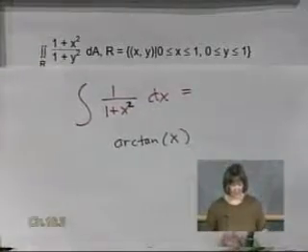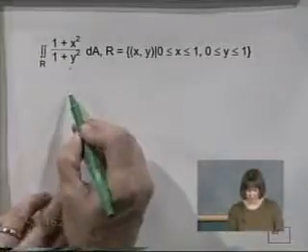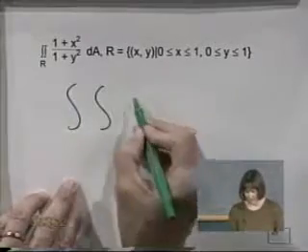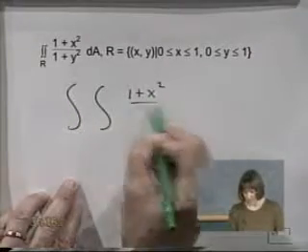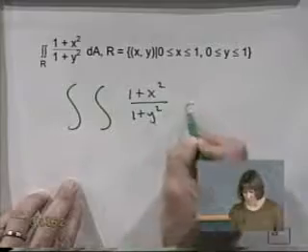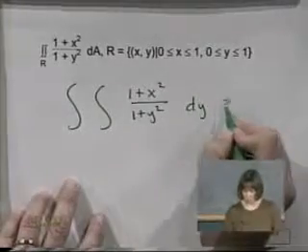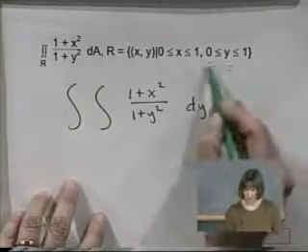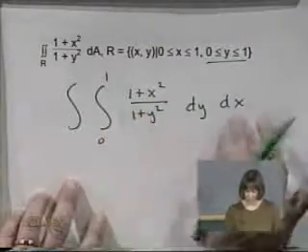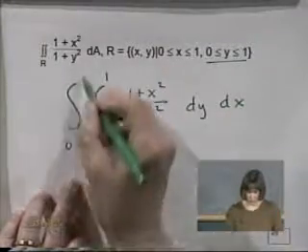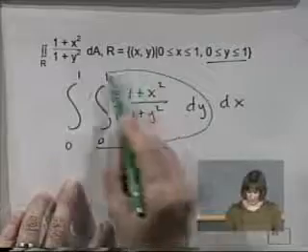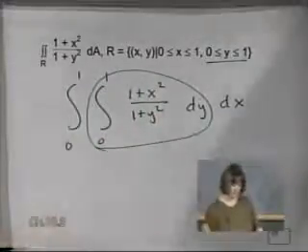All right? Now this one we could integrate either way, but I'm going to integrate 1 plus x squared over 1 plus y squared. I'm going to integrate with respect to y first and then with respect to x. Notice y is going from 0 to 1 and x is going from 0 to 1. So we have to do this first.